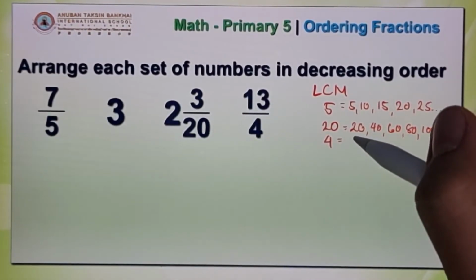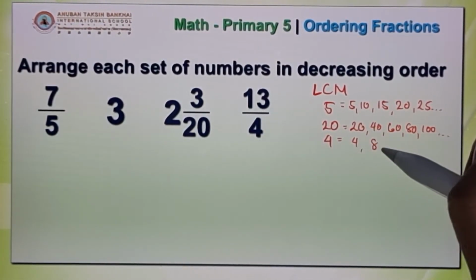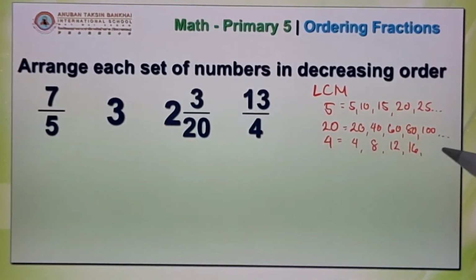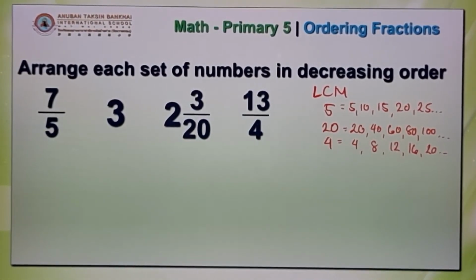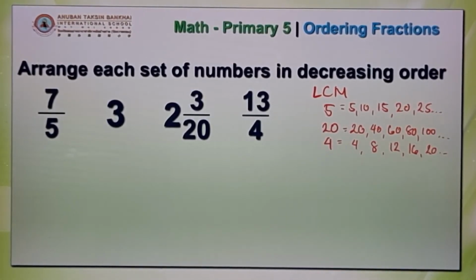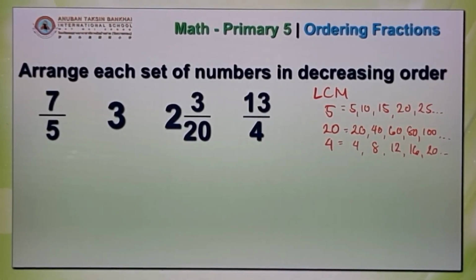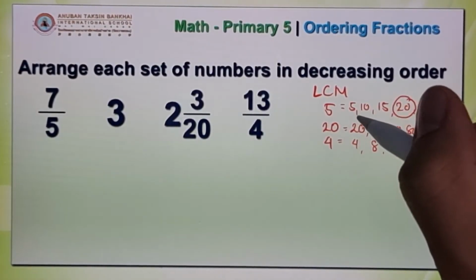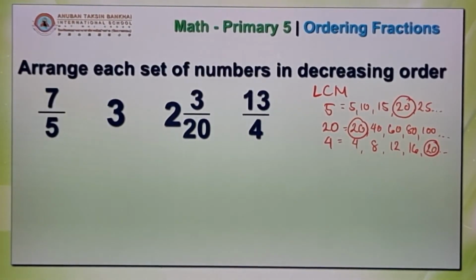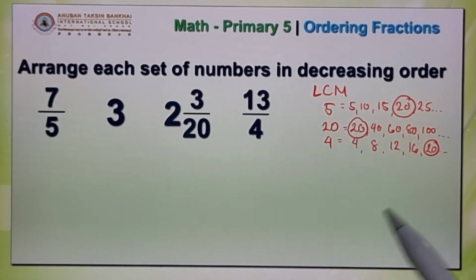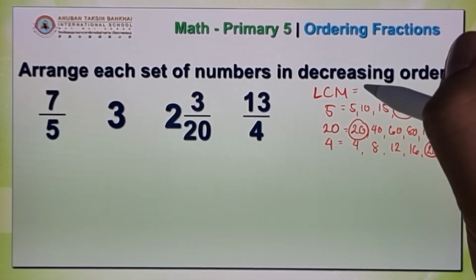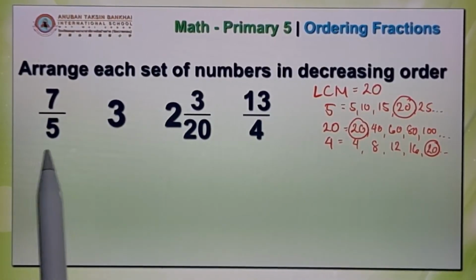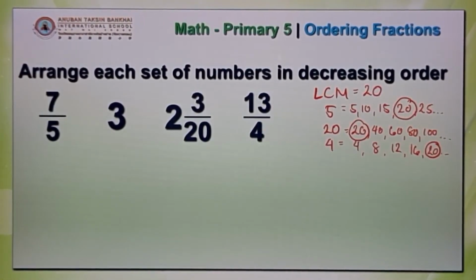And this one we have 4, 8, 12, 16, and 20. Do we have a common multiple? Yes, we have a common multiple. You could see here, this, and this. So the common multiple of 5, 20, and 4 is 20. So we need to change the denominators to 20.